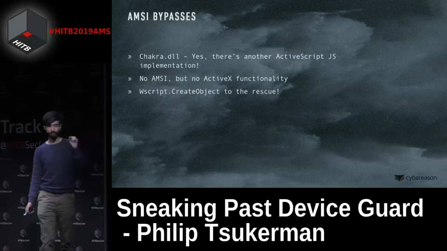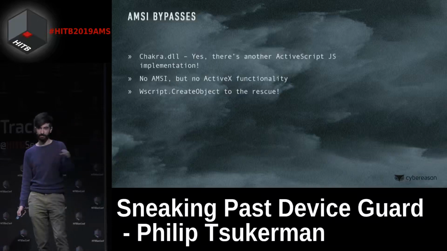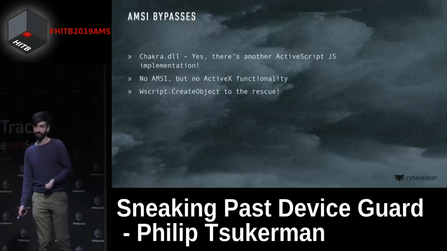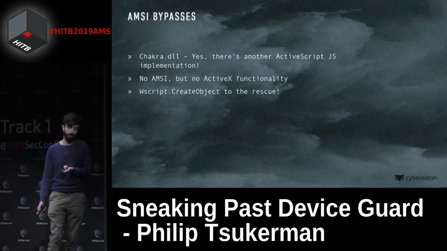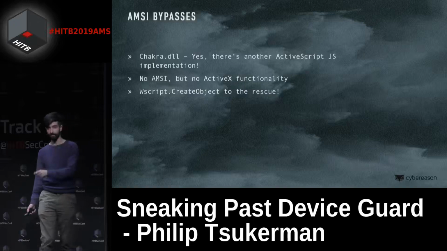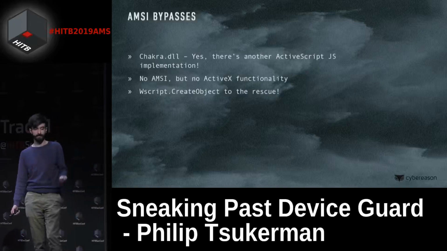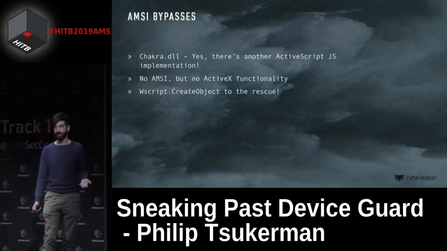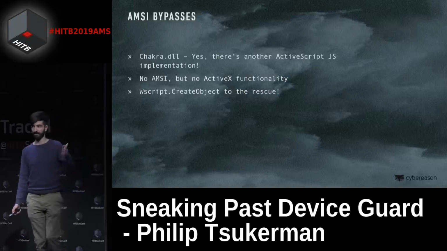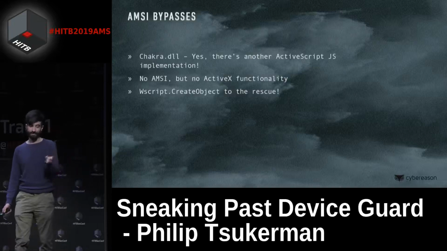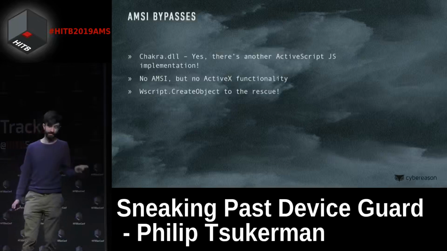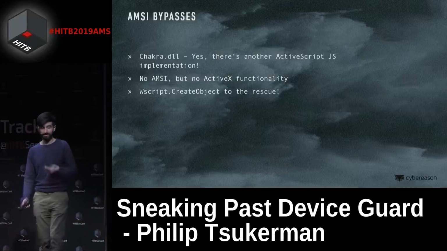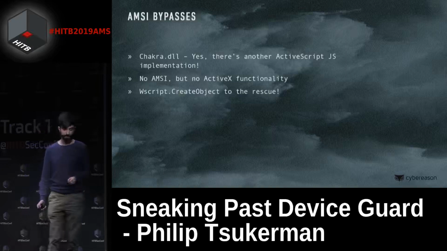But actually, if you run it under cscript or wscript, those executables will provide you a method called wscript.createObject, which will still allow you to create any COM object that you want. Now, this will not work as a device guard bypass because wscript.createObject is instrumented by device guard. But it still gives you another nice AMSI bypass.